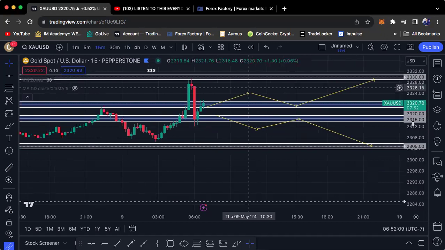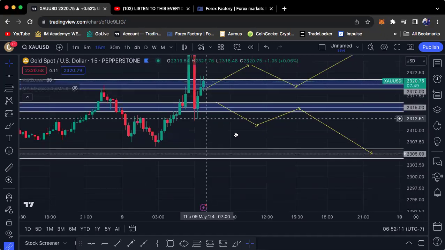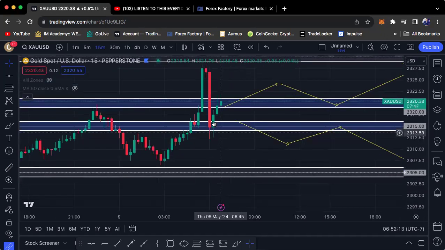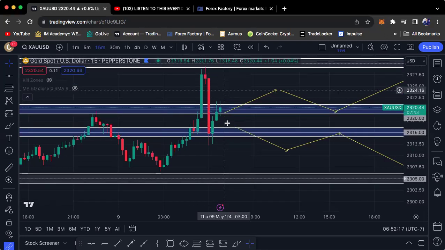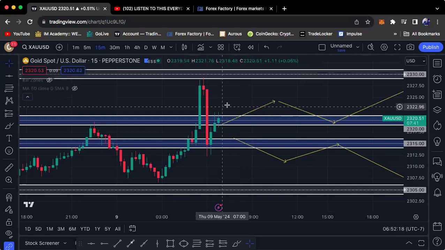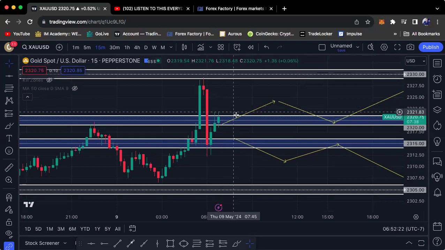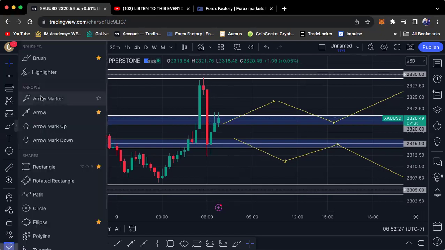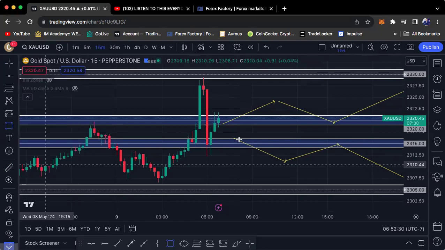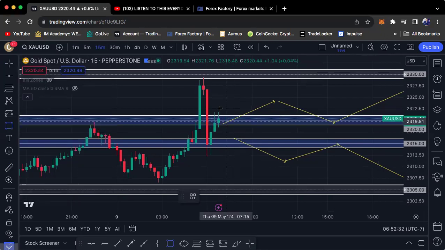You see right now, it created 3 bullish candles. 1, 2, 3. So if it closes above and it comes back down to retest and gives me another bullish candle, and that's a confirmation candle.